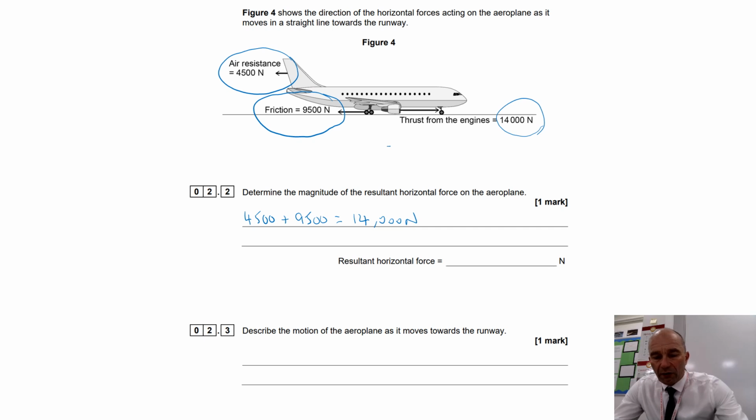So that is our force resisting the motion. That happens to be balanced by the thrust. That's going in the opposite direction, so you would take 14,000 from 14,000 to get the resultant force. Means that we have 0 resultant force.